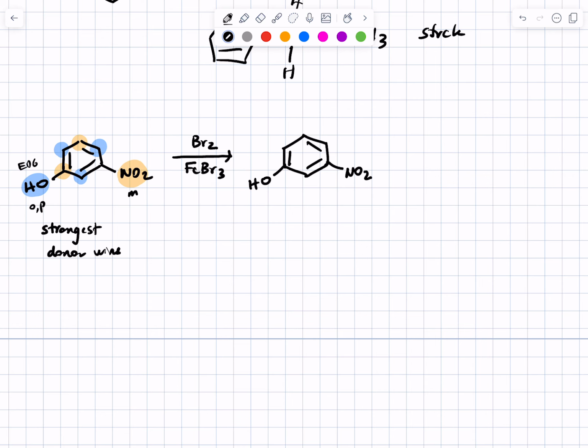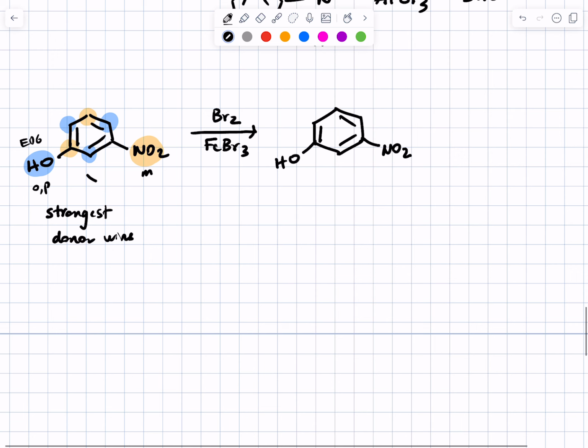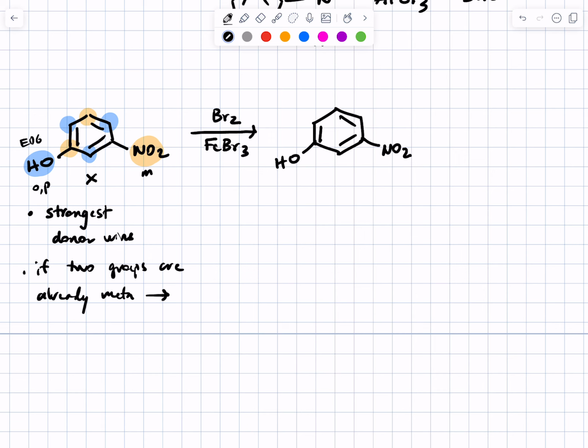Now, this example is nice because aside from identifying the blue carbons where we're going to put the group, it allows us to state another limitation for these reactions, and generally that is this. If two groups are already meta to each other, sterics block the middle ortho position.